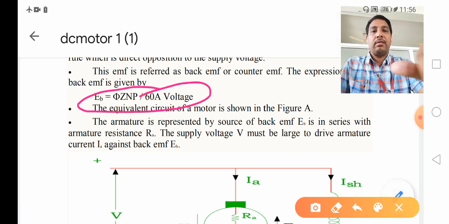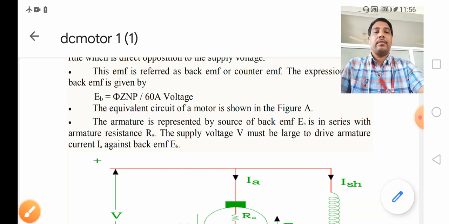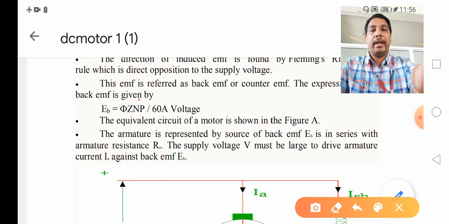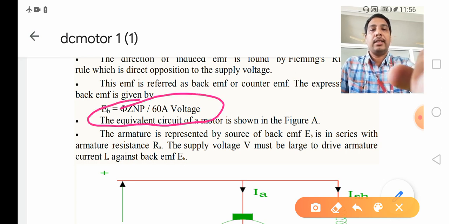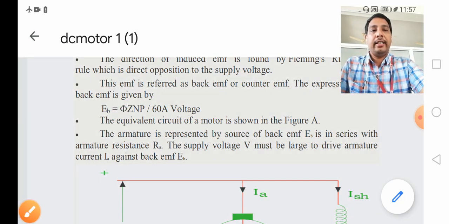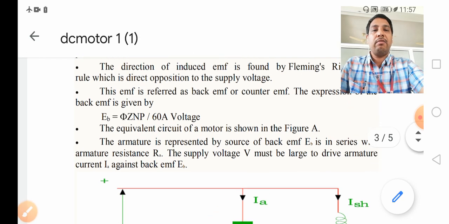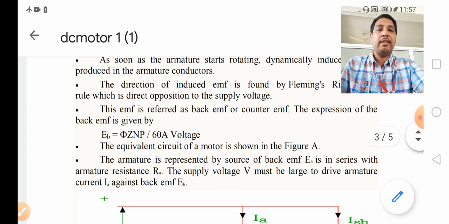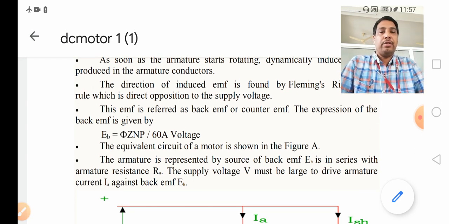As in the case of the motor, there is no change in the value of the EMF which is produced, whether in the motor or generator. The value is similar, ΦZN by 60 into P by A volts.